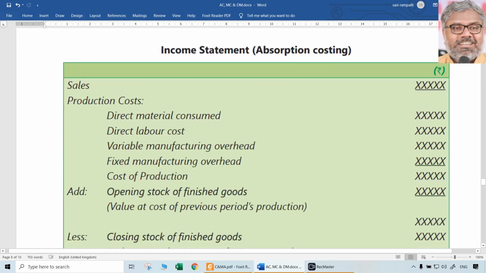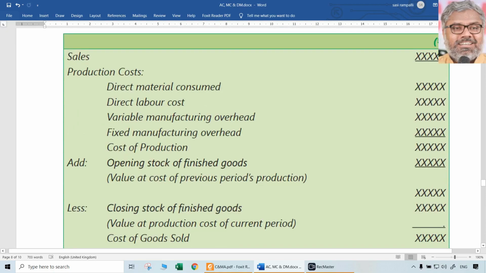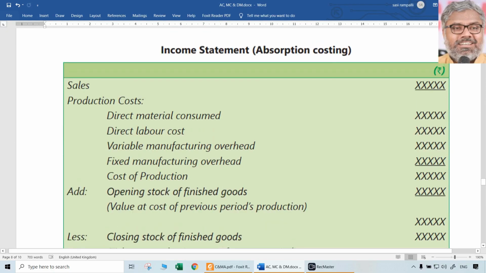How to calculate profit in absorption costing? Nothing new here. Sales we have to start with. From that we have to deduct the production costs. Production costs include direct material cost, direct labor cost, variable manufacturing overhead, fixed manufacturing overhead also. This is the point to be noted. In normal absorption costing, where we earlier did cost sheet also, did we segregate fixed and variable? No, we don't.